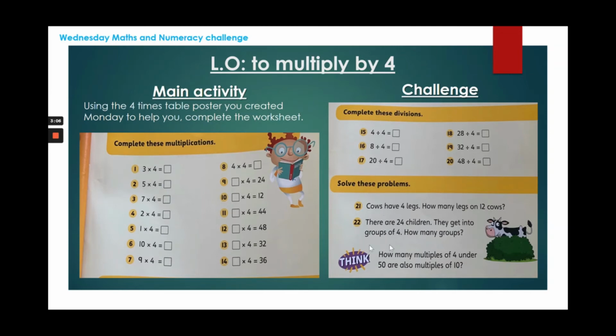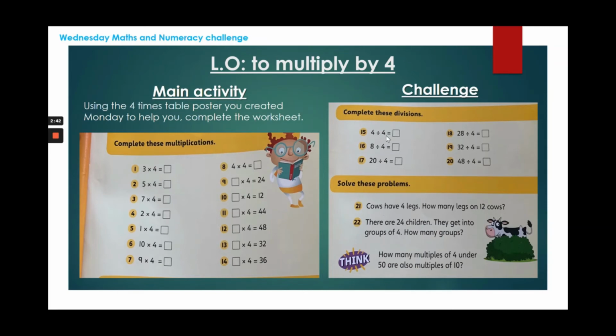Now, this then is your challenge part of your activity. Now here it says complete these divisions. Now, boys and girls, remember, if we know our multiplication facts, then we know our division facts as well. That's why we looked at that before we did this activity. So it says 4 divided by 4.